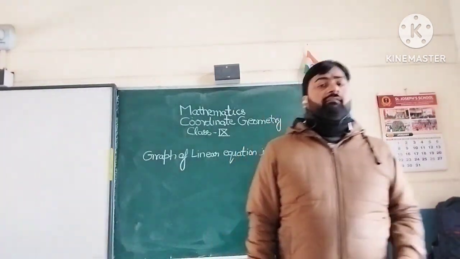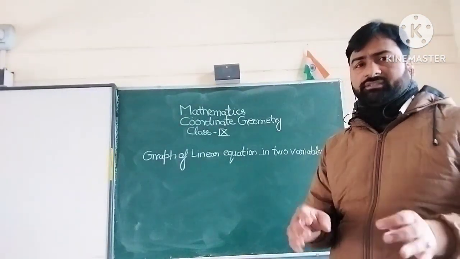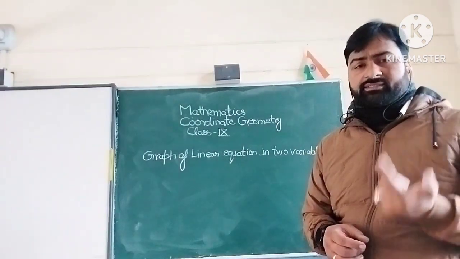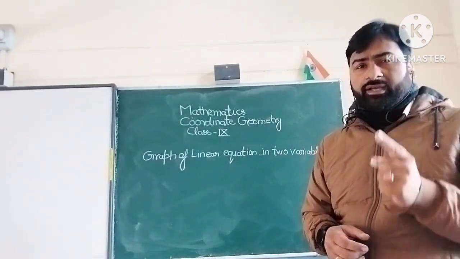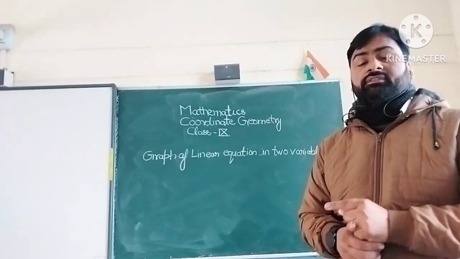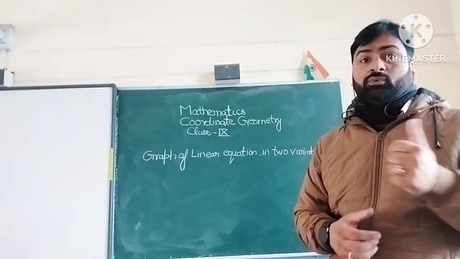Now children, when we are making a graph of a linear equation in two variables, it simply means that we will take different values of x. For those values of x, we will get particular values of y. Means for a given value of x chosen, a value of y you will get.